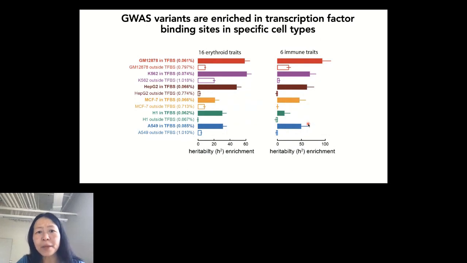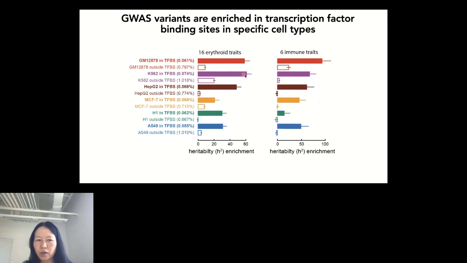And finally, we looked at two types of traits. One group has 16 erythrocyte traits associated with red blood cells, and the other has 6 immune traits, and they show corresponding enrichment in a cell type specific manner. Erythrocyte traits should correspond to K562.